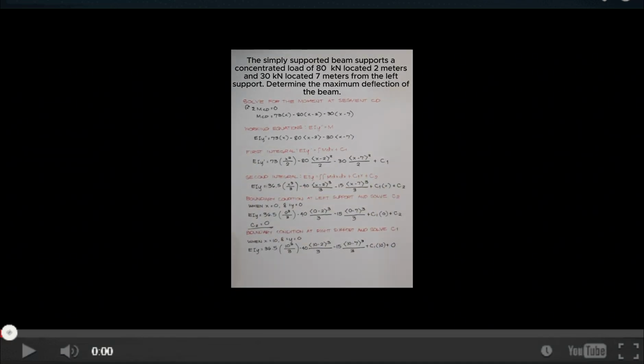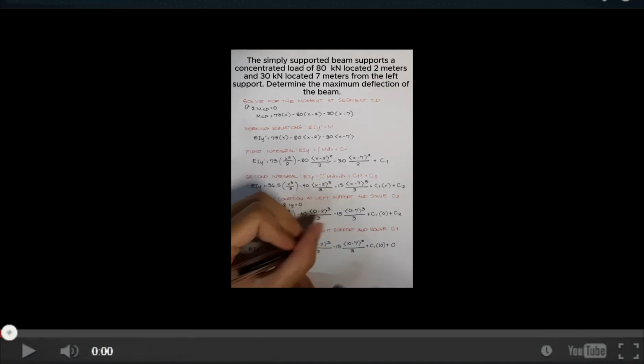So now let's solve using the calculator. So the answer is negative 520.50. So nasolve na natin yung C2 and C1.